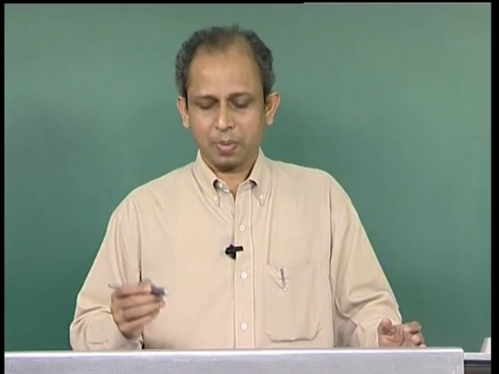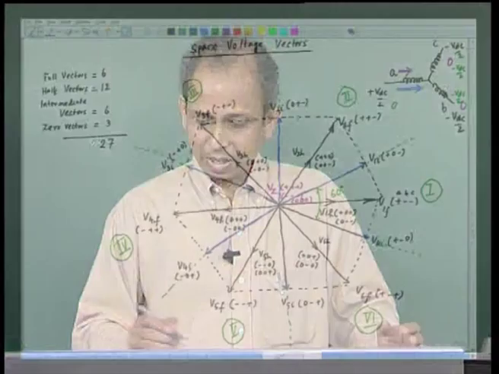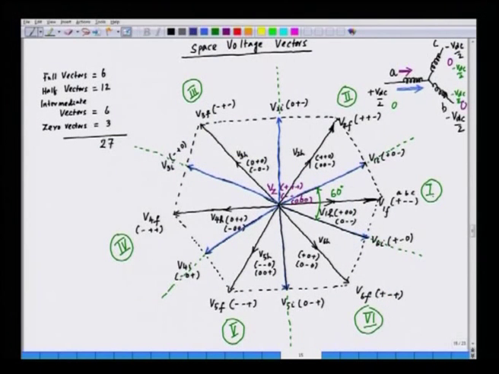We have seen that we have 6 different sectors from 1 to 6, which we already saw in the last lecture: sector 1, sector 2, and so on, each one a 60 degree interval, sector 3, sector 4, sector 5 and sector 6.